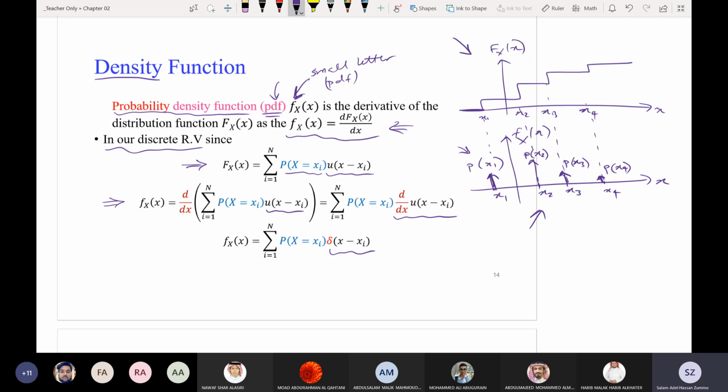What does this function tell you when you see it like this, guys? Yeah, it gives me the probability of the value, the probability that X equals every value, right?